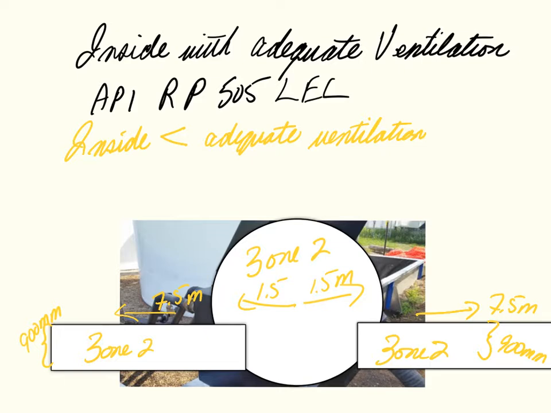In essence, what happens is this becomes a zone 1 location. So if we can erase that out of there, same with down here. Now we're dealing with zone 1. And all because we didn't have the ability, or we didn't put in adequate ventilation.